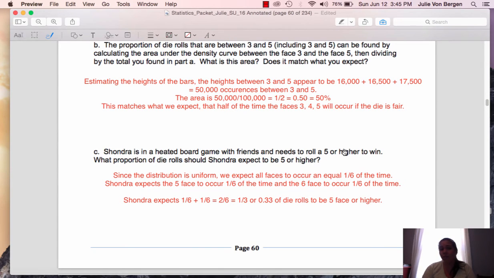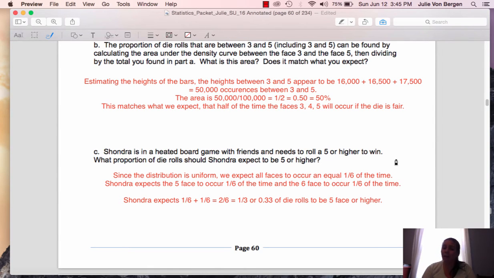Question C tells us Chandra is in a heated board game with friends and needs to roll a 5 or higher to win. So what proportion of die rolls should Chandra expect to be 5 or higher? Since our distribution is uniform, we expect all faces to occur an equal 1/6 of the time. So Chandra expects the 5 face to occur 1/6 of the time and the 6 face to occur 1/6 of the time.